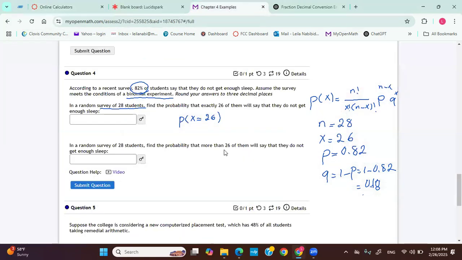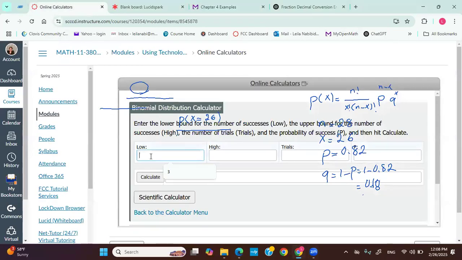When x is equal to 26, that means the lower and upper bound are both 26. You want to find the probability from 26 to 26. The number of trials is 28 students, and the probability of success is 0.82.